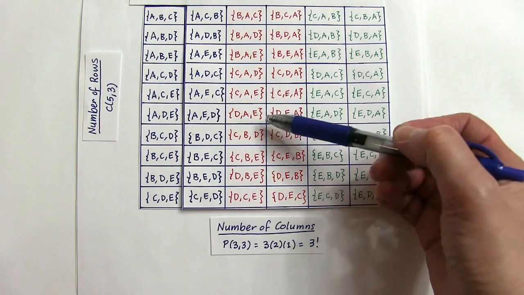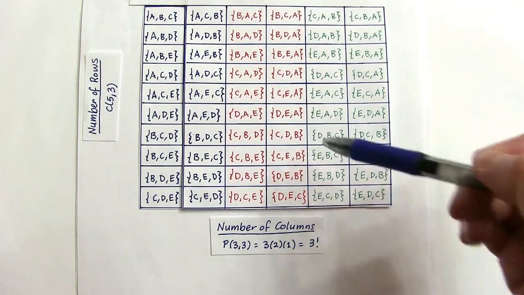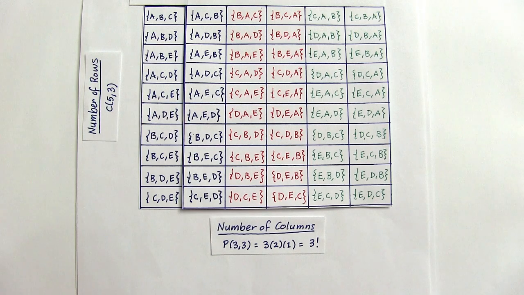So if we take the curly braces off, this table gives the collection of all the permutations of 5 distinct elements taken 3 at a time.